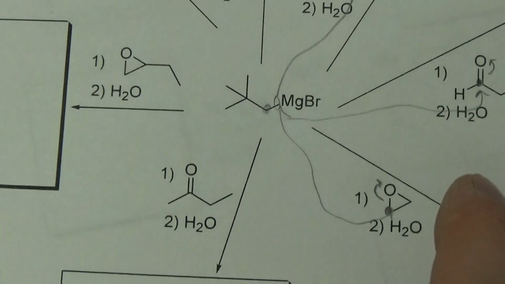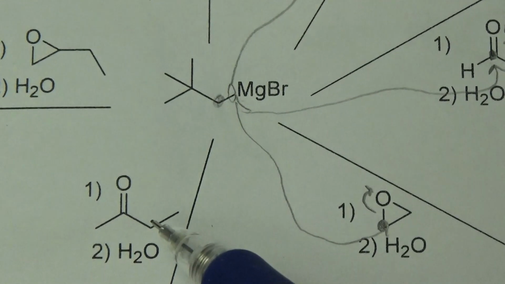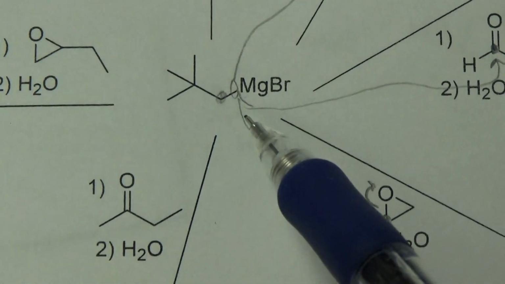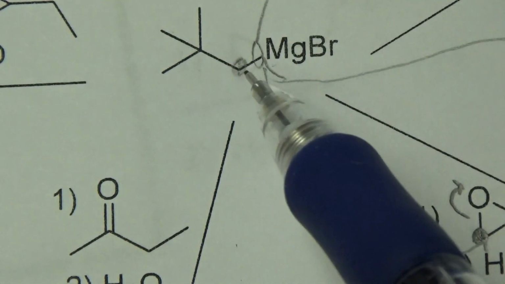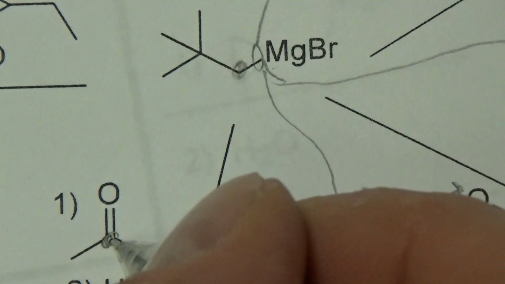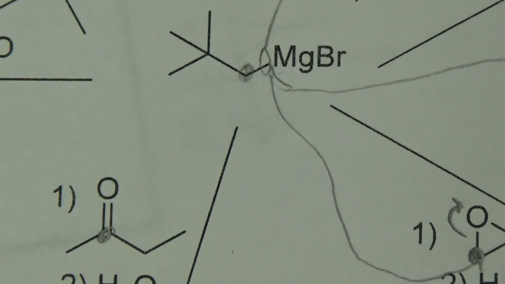What happens now if the Grignard attacks a ketone? And where do we attack? Which carbon do we attack? Well, we attack the ketone C double bond O, this is right there. I wasn't going to draw the little arrows, but I think I might be able to squeeze in all the arrows.